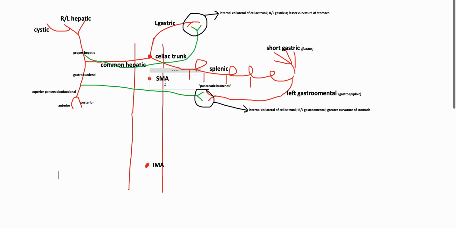All right. Now let's draw our branches of the SMA. So I'm kind of running out of space here, so we are going to move the IMA down a little bit.